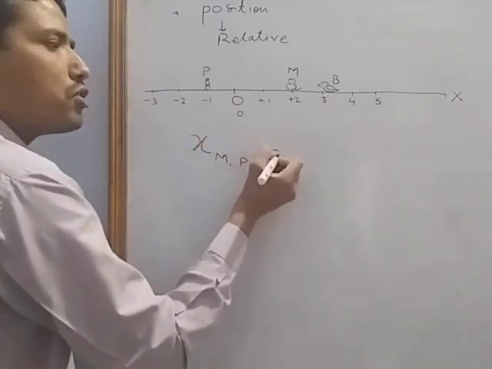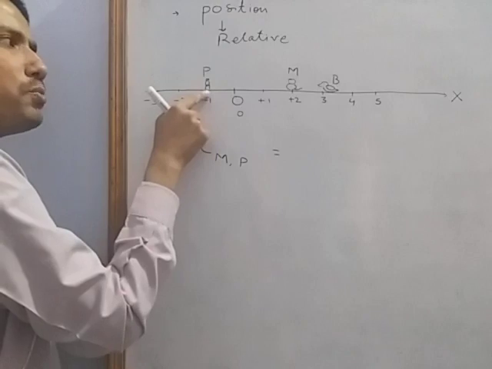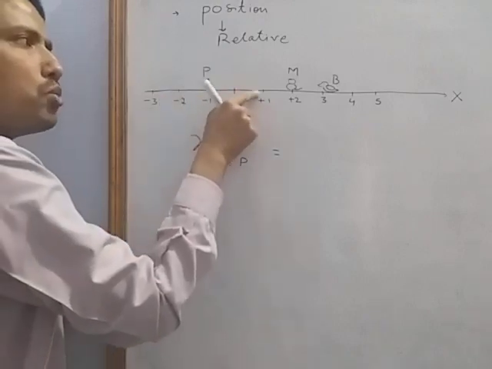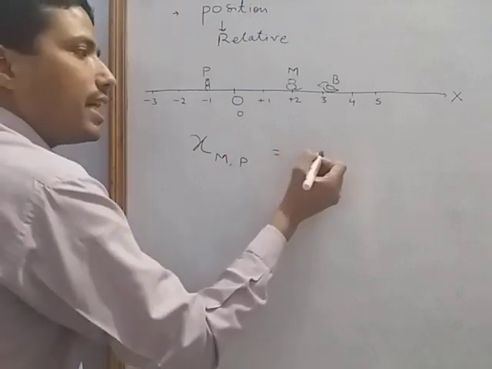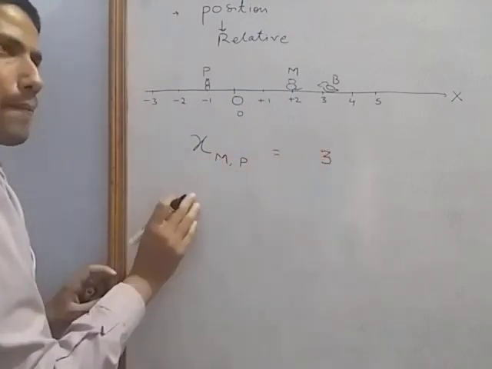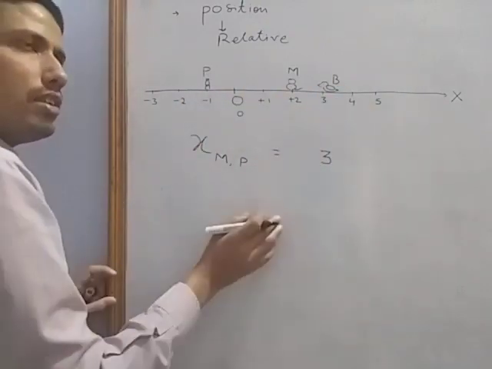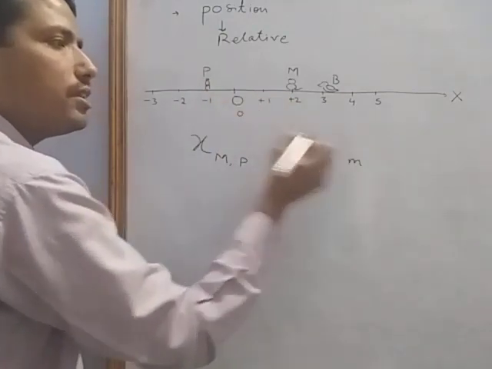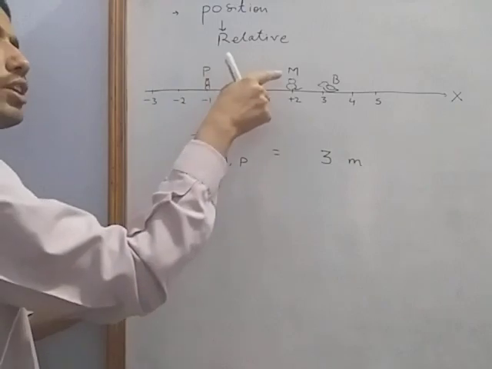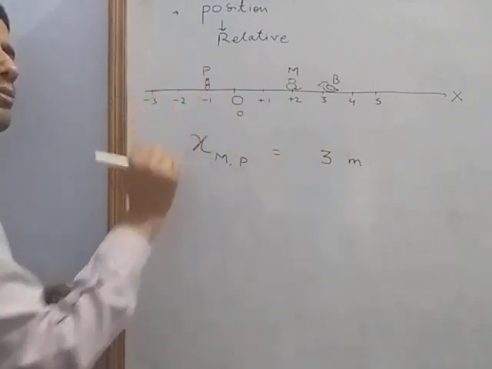Now tell me students what you should write. With respect to person, you see 1 step, 2 steps, 3 units, 3 steps. So I'll write it as 3 units. Now because it is position, I'll use the SI unit. The SI unit for distance is meter. So this monkey is at 3 meters from the person.